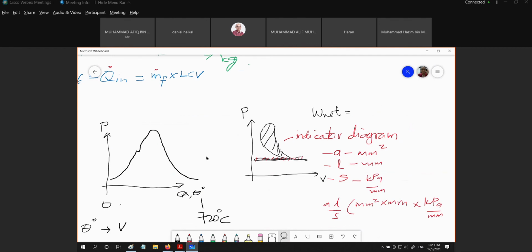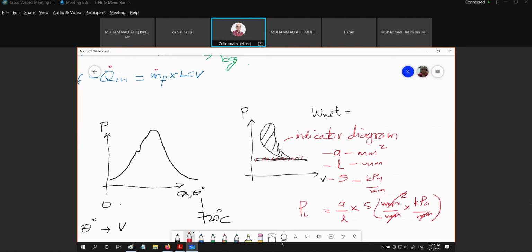It's A over L times S. Sorry guys. If we have A over L times S, A is in millimeter squared, L is in millimeter, multiplied by kPa over millimeter, what we have right here is kPa. And this kPa is referred to as the indicated pressure.